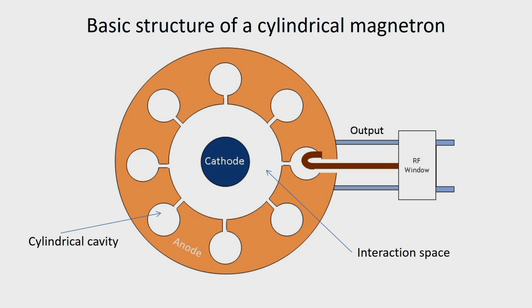Here we have a cathode surrounded by an anode block, where we have cylindrical cavities. Now, between anode and cathode is the interaction space. These cavities, as we can see, have openings to the interaction space.